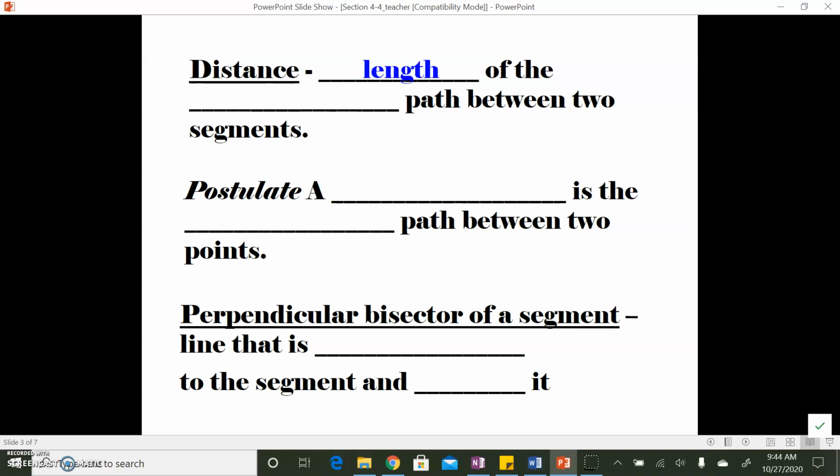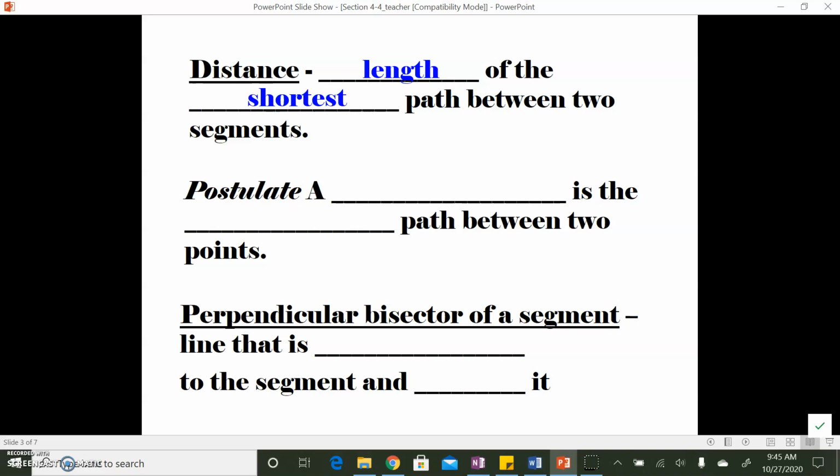When we talk about distance, we are always talking about the length of the shortest path between two points. The distance is always measured as the crow flies, is the way the saying goes. So the distance from your house to school, according to geometry, would be as the crow flies, if you could just float up and go directly there in a straight line, the perfectly shortest path.